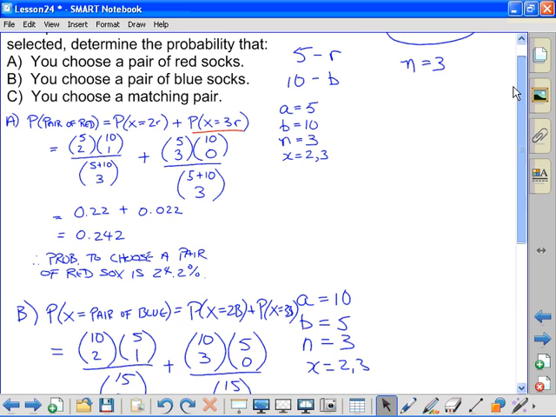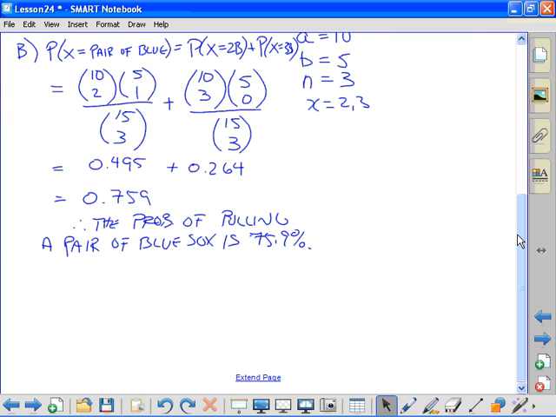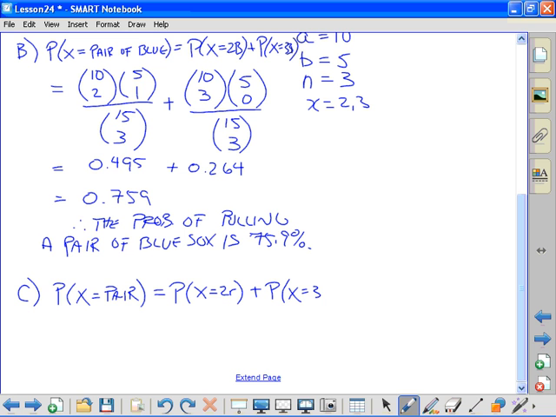Okay, finishing this question off quickly here. What's the probability you choose a matching pair? Okay, so C part, it would be the probability of X equals a pair. Well, that would be the probability that I pulled 2 red plus the probability I pulled 3 red. Or I could have had blue socks, the probability of X being 2 blue. Or what happens if I pulled all 3 blue?